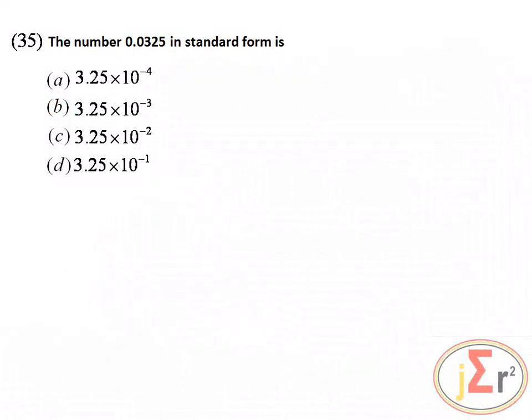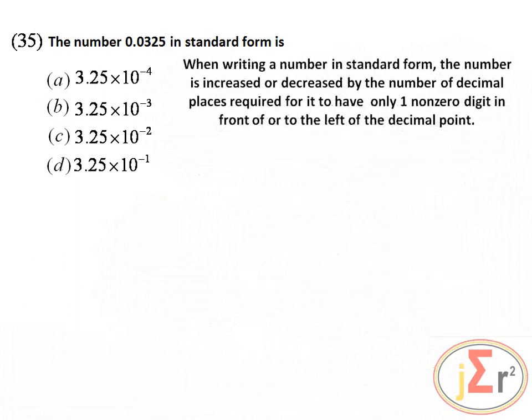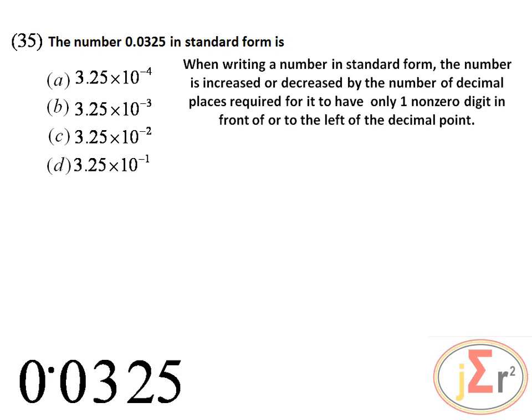The number 0.0325 in standard form is, when writing a number in standard form, the number is increased or decreased by the number of decimal places required for it to have only one non-zero digit in front of or to the left of the decimal point.